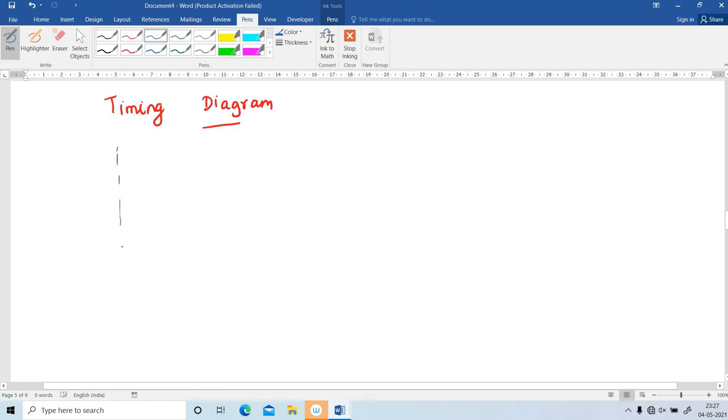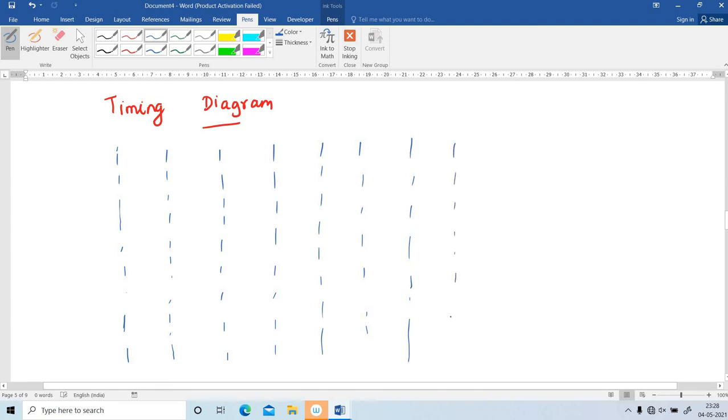Before that, I have to draw some dotted lines. Then only it is easy to locate the signals S, R, clock, then Qn plus 1.